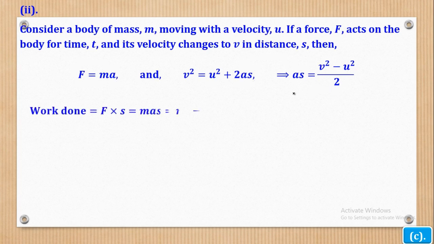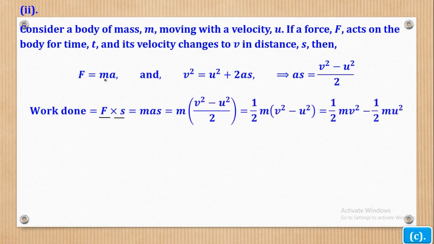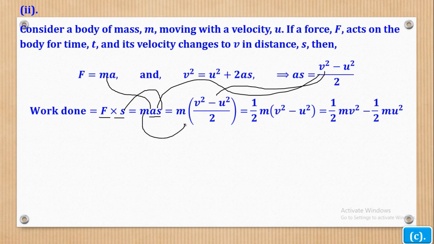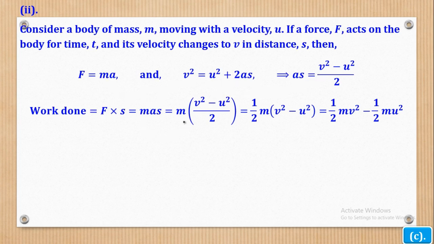Then I'll come and remember that work done is equal to force times distance. So force times distance, this force is ma and the distance is s. Then I remember that as was this, so I'll substitute it here, and this M remains. After that I realize that this one is common, so it can come out to become a half M in brackets V squared minus U squared.